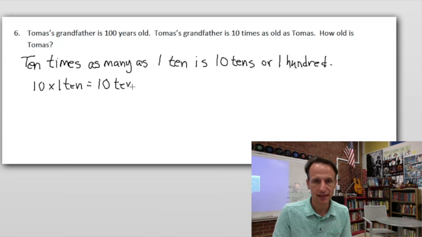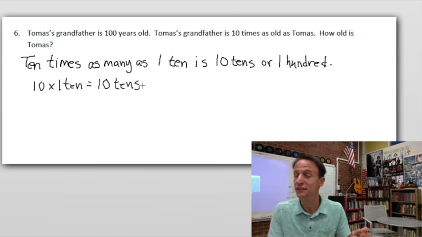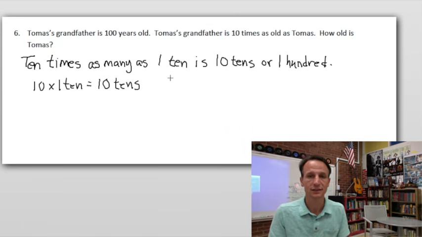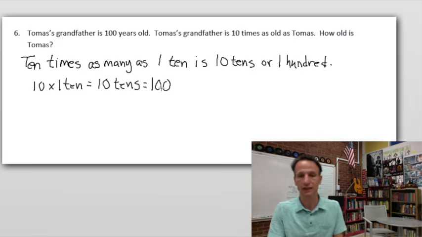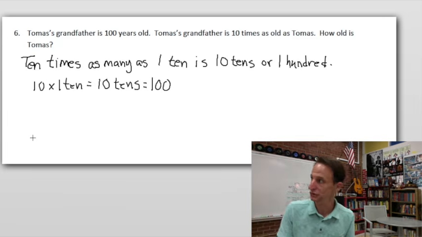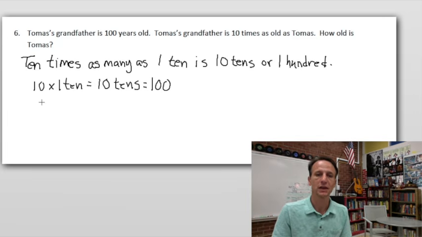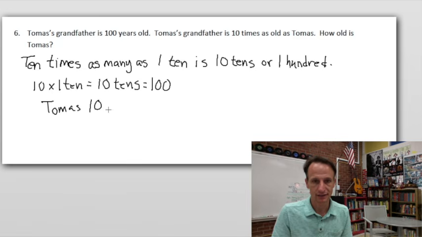And 10 tens, 10, 20, 30, 40, 50, 60, 70, 80, 90, 100. 10 tens equals 100, which indeed is Tomas's grandfather's age there. So how old is Tomas? Tomas, we have to answer the question. How old is Tomas? Tomas is 10 years old.